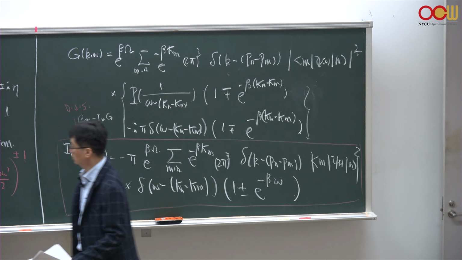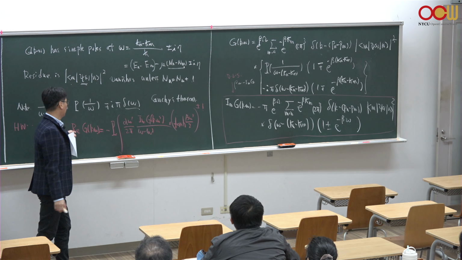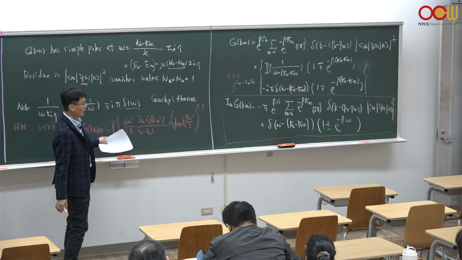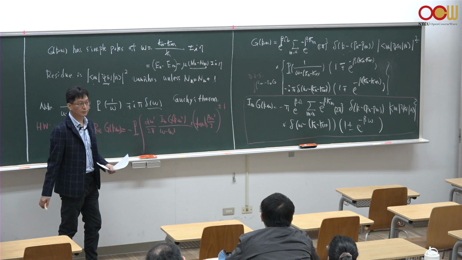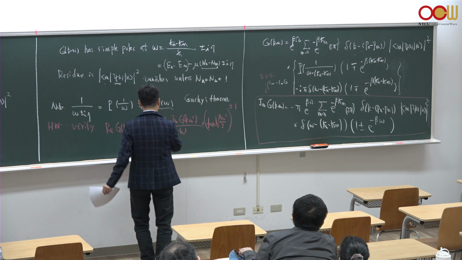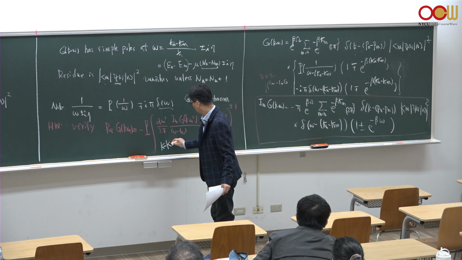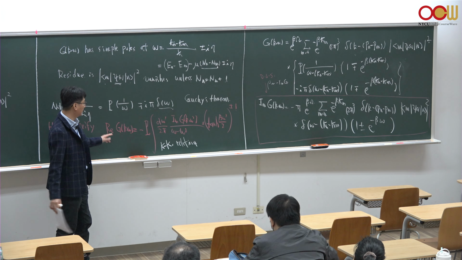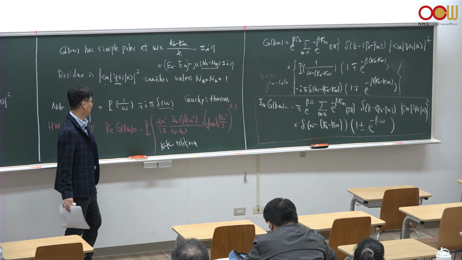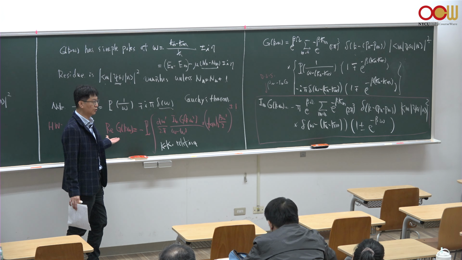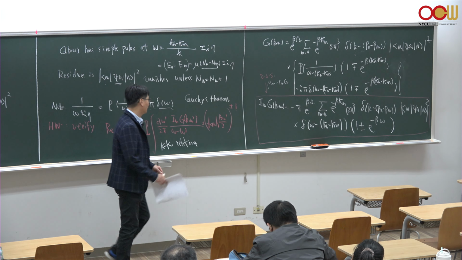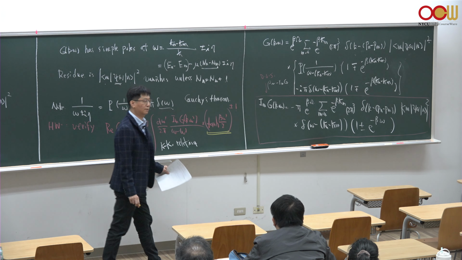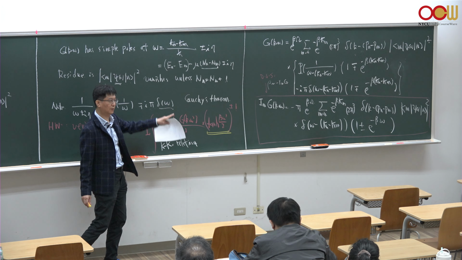So, and this is your homework problem, you can verify that if you just write down the real part of the Green's function and the imaginary part, you find that there is a relation between these two. And this is what I mentioned earlier, the Kramers-Kronig or KK relation. Remember, at zero temperature, we have a similar relation between the real part and the imaginary part of the Green's function. But at finite temperature, we have a similar relation between the real and imaginary parts, except now you get the thermal factor, hyperbolic tangent of βω' divided by 2, to the power plus or minus 1.